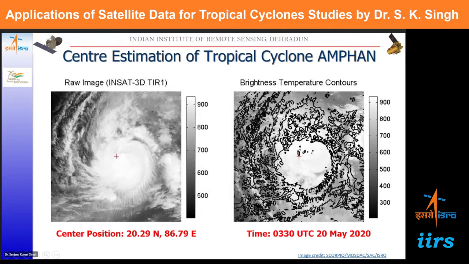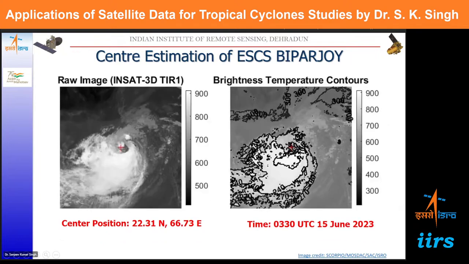And this is the brightness temperature also. You can see the low brightness temperature observed. And this is the center position identified by this algorithm for the Bifrost cyclone using the INSAT-3DR image.